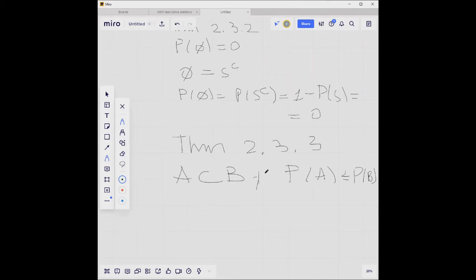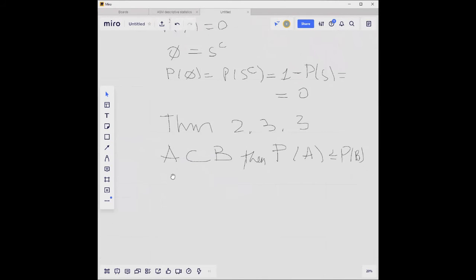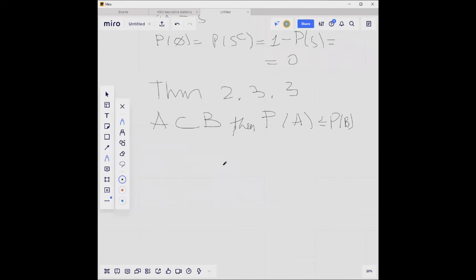All right. Now, let's take a look at the following Venn diagram.